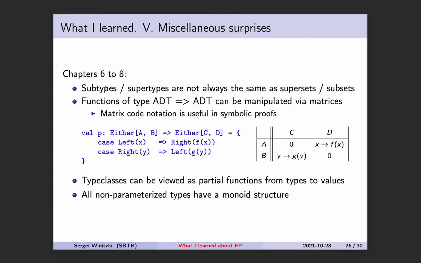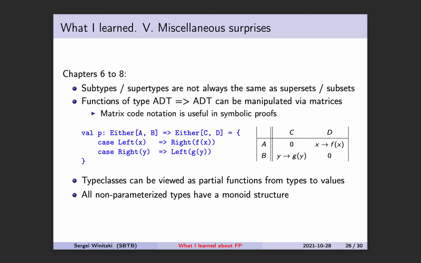So if A is a subtype of B, it is not always the same that values of type A are a superset of values of type B, or a subset of values of type B. It is neither that nor this in general. So there are examples where you have a superset, there are examples where you have a subset, and there are examples that are neither. So that's quite surprising. Sometimes you see statements that subtype is a subset or a superset or something like that, but this is not always true.